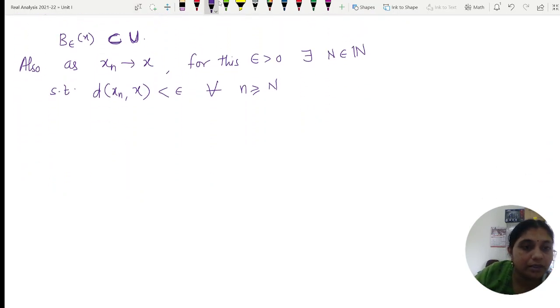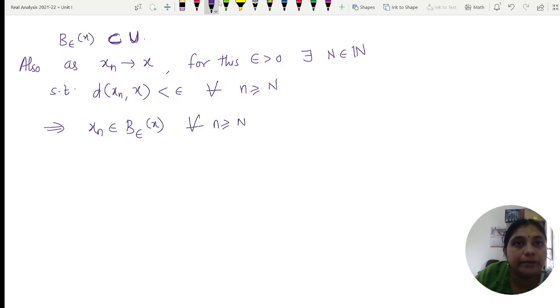What does this imply? Xn belongs to where? From this step, what can I write? Xn belongs to which ball? B epsilon of x, for all n greater than or equal to N, right? Yes.